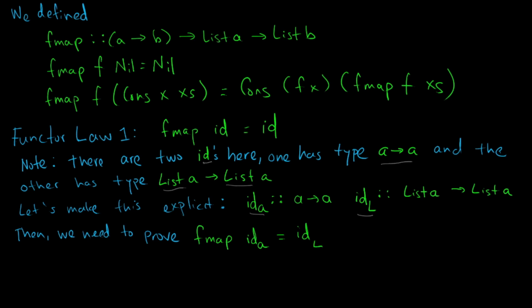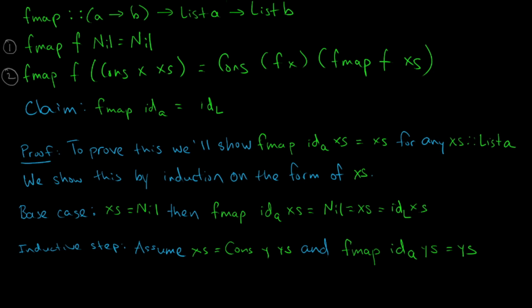For this functor law, we want to prove that fmap of the identity on a is the identity on list. That's just the claim stating again the functor law: fmap of id_a is equal to id_l.